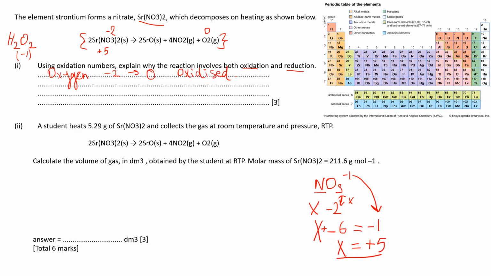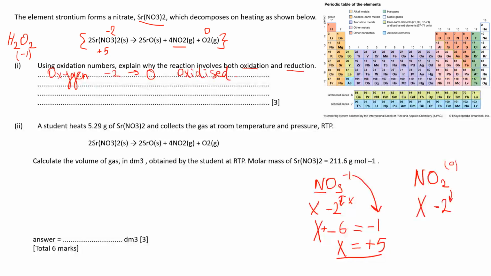So we know nitrogen was initially +5, and we need to find out the oxidation state of nitrogen in nitrogen dioxide on the product side. Nitrogen dioxide has an overall charge of 0. Again, oxygen is very easy, it's always -2, and nitrogen we need to find out.